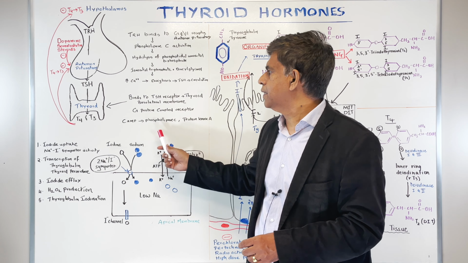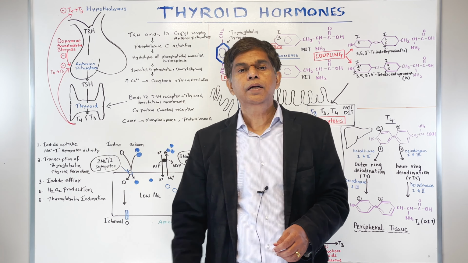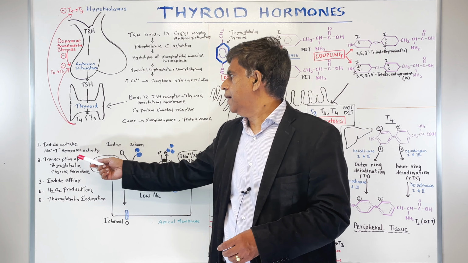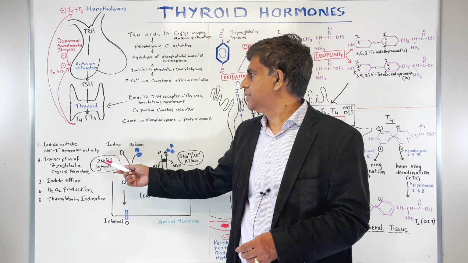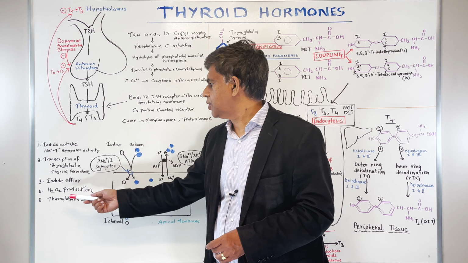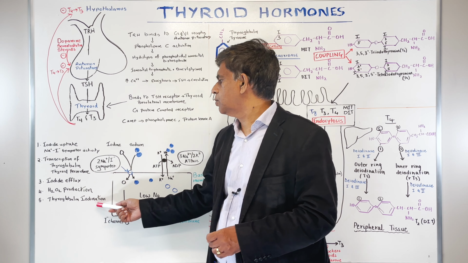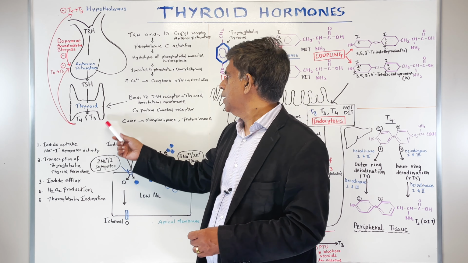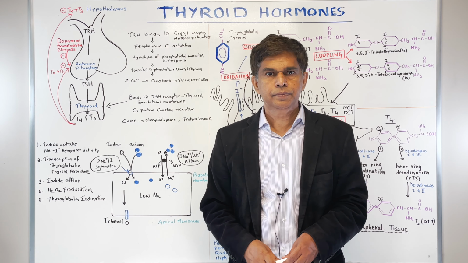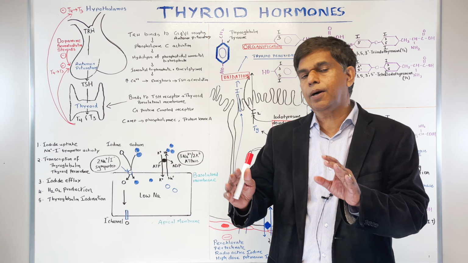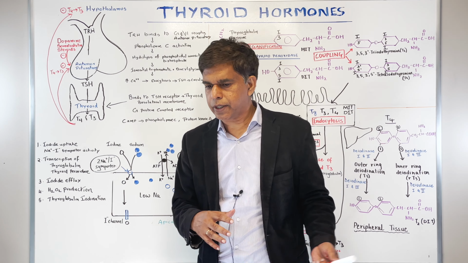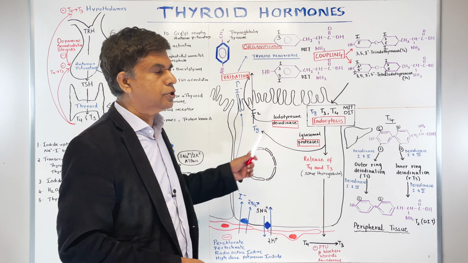That triggers a lot of activities in the follicular cell of the thyroid. What are they? One, iodide uptake, sodium ion importer activity, transcription of thyroglobulin, thyroid peroxidase, iodide efflux, hydrogen peroxide production, and thyroglobulin iodination. All of this happens when TSH combines with the TSH receptor on the thyroid, okay?